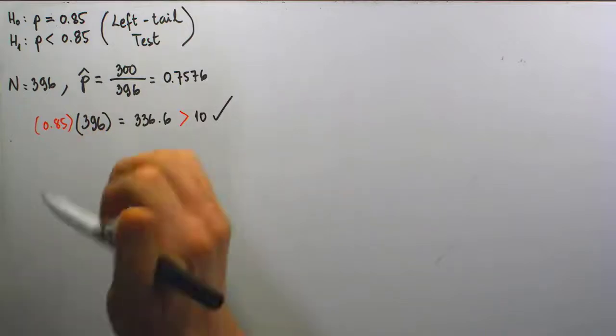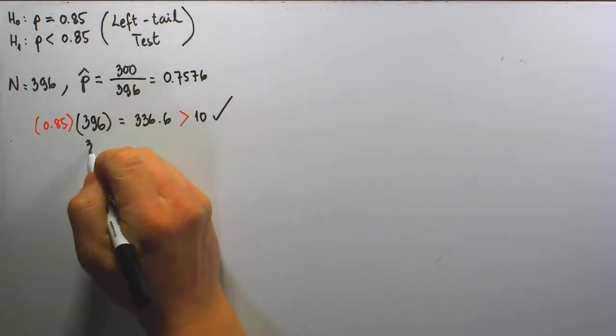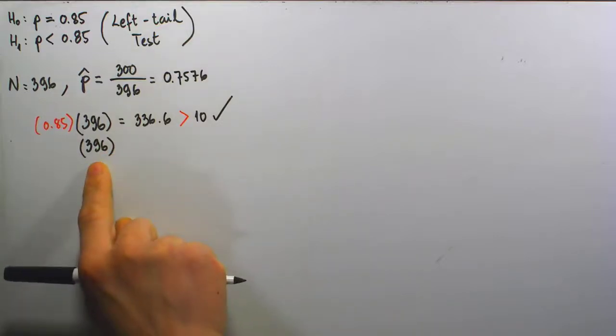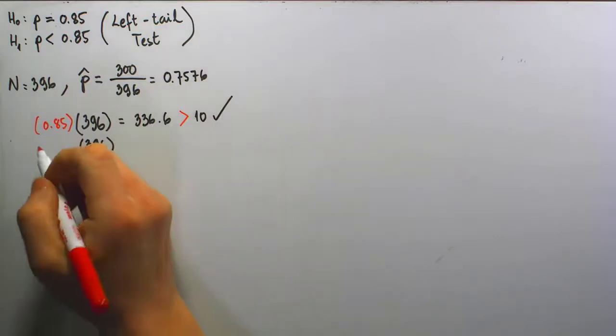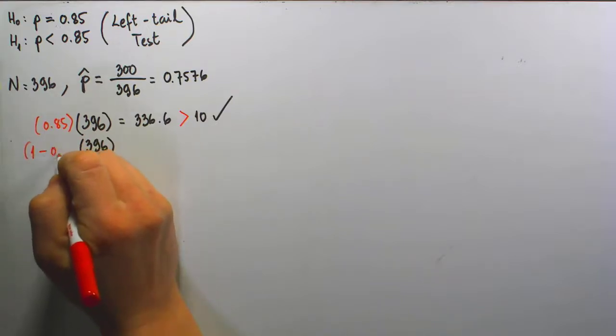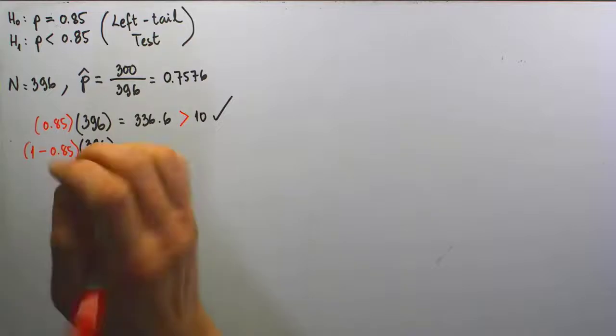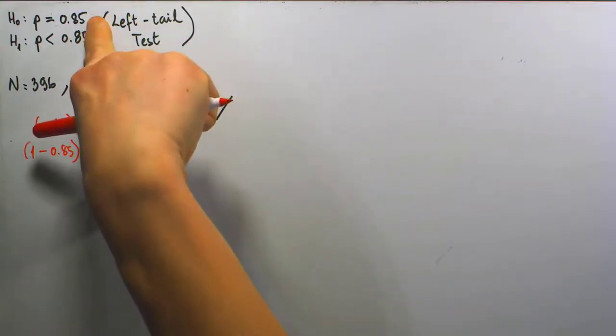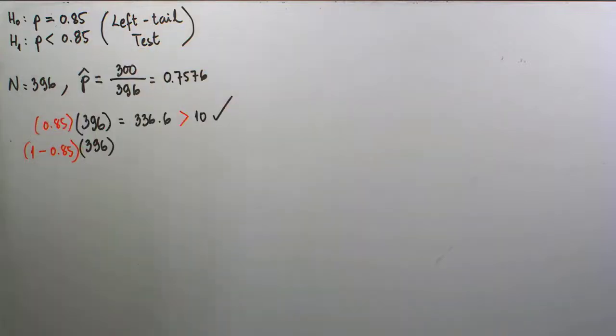So from the same sample size for our sample, 396, we are going to multiply with 1 minus 0.85. And so again, 0.85 is the value that is stated in our null hypothesis.